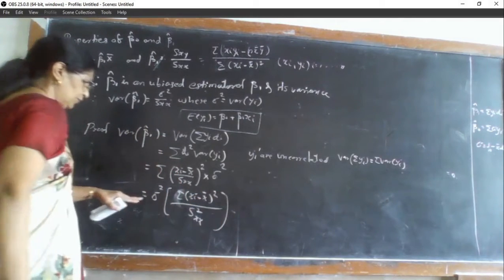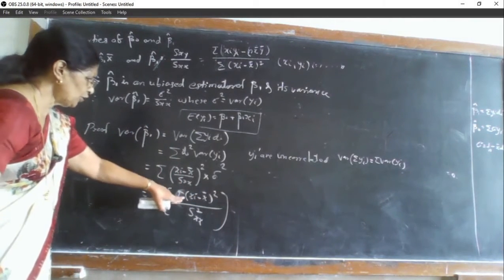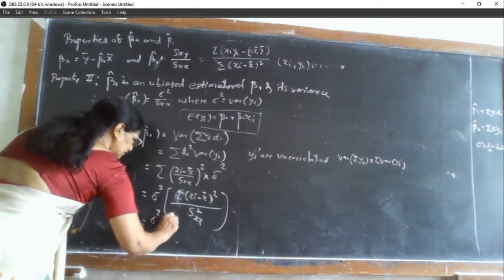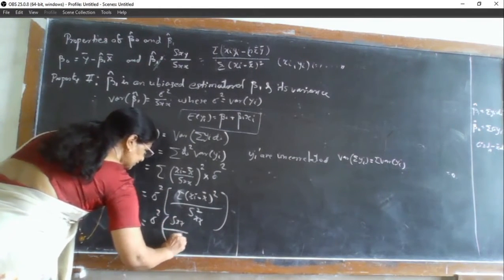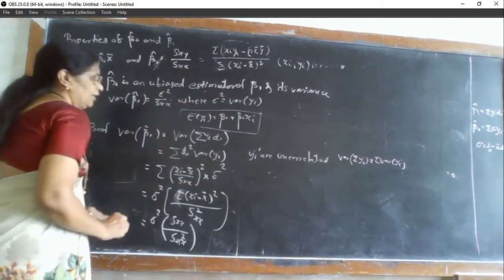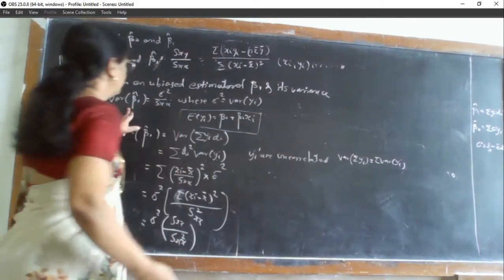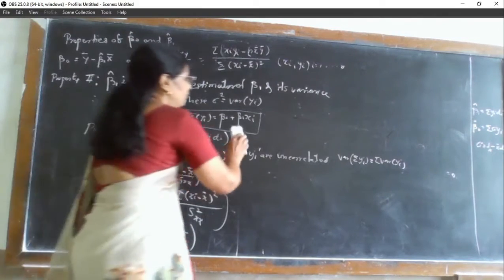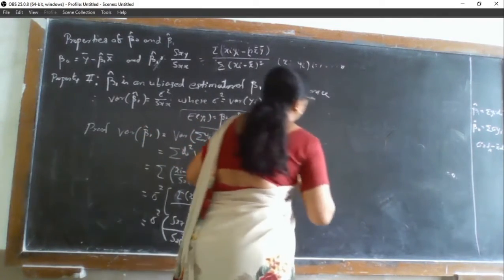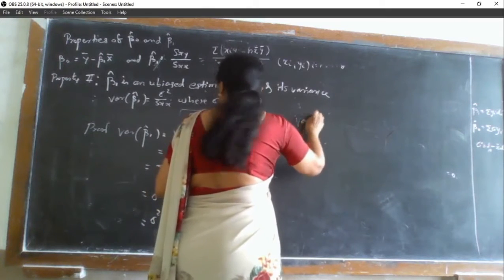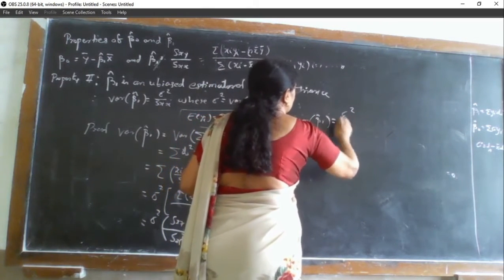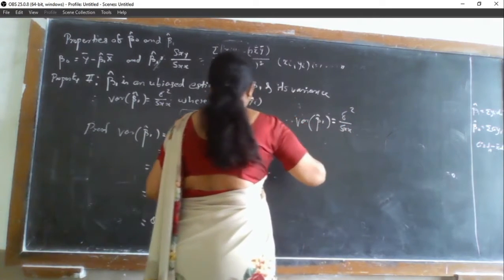Now summation of (xi minus x bar) square is Sxx. So this is Sxx upon Sxx square, and therefore we show that variance of beta 1 cap is equal to sigma square upon Sxx.